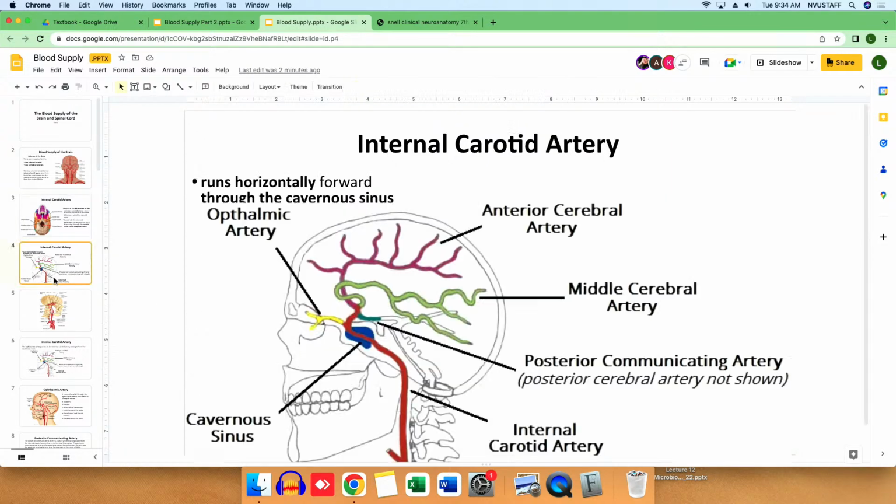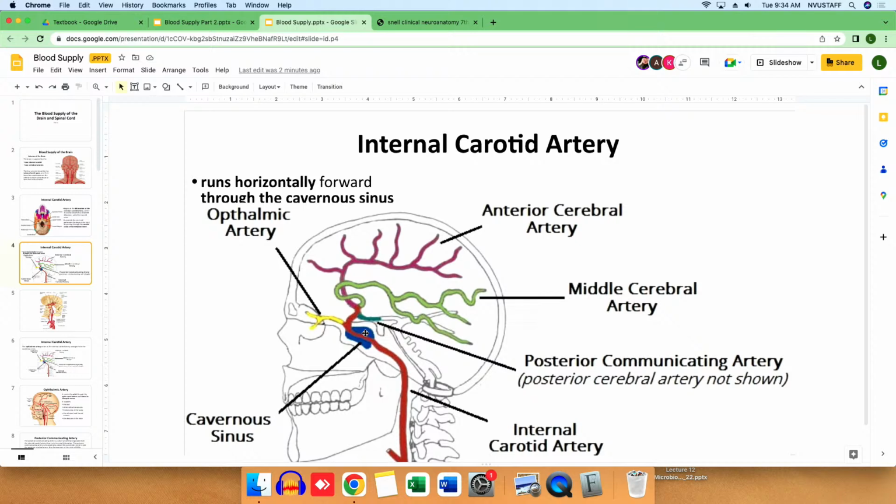As we continue, you can find how it is entering from a lateral view in the schematic representation here, and you can find that this internal carotid artery is passing through a structure known as the cavernous sinus. We didn't talk about the cavernous sinuses yet, I mean all of the sinuses yet. I will talk about them on Saturday.